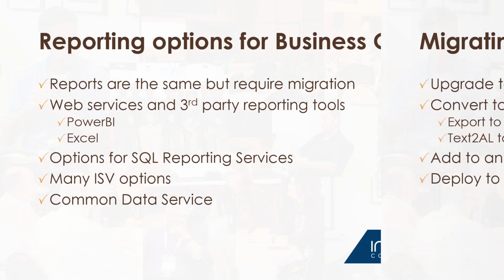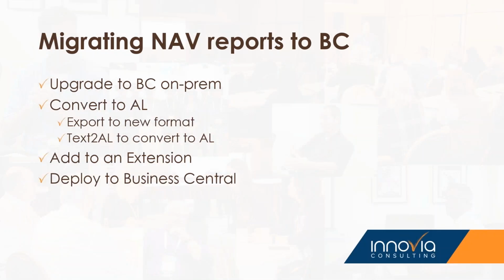So let's talk about how we actually would migrate your reports. The focus here is how you get those NAV reports to Business Central. You're typically going to be doing this as part of an upgrade, from your current version to Business Central on-premise. Upgrading to that version is really the stepping stone to where you want to go in the future. Whether you want to remain on-premise or go to Business Central SaaS, the jumping point up to Business Central SaaS is BC on-prem.